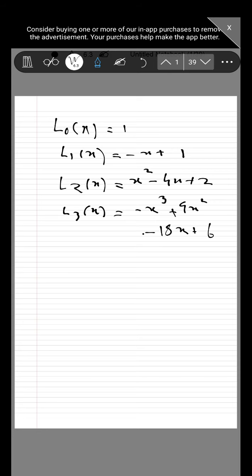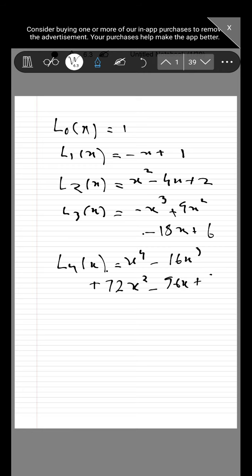Lastly we have L4(x) is equal to x to the power 4 minus 16x cube plus 72x square minus 96x plus 24, which is the last term.